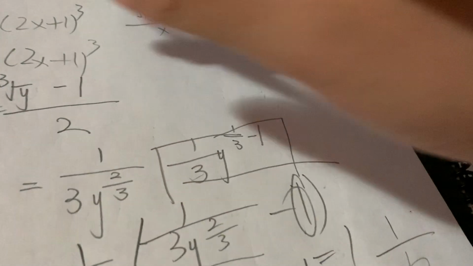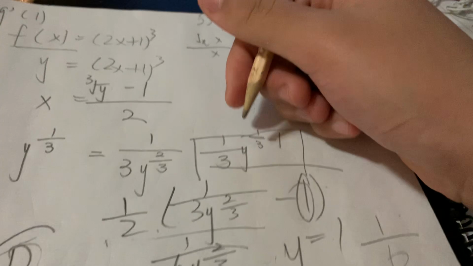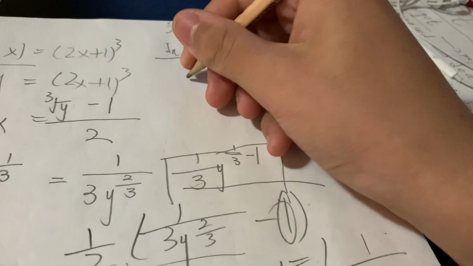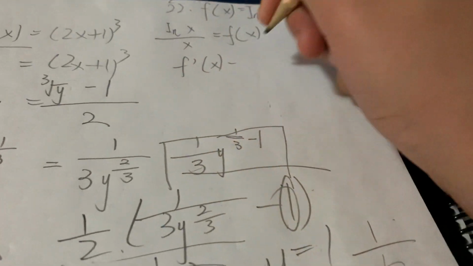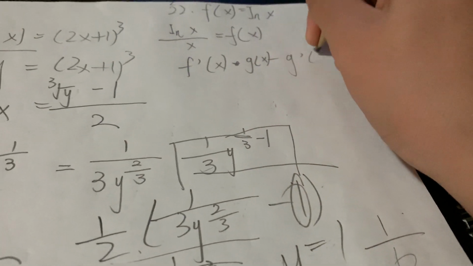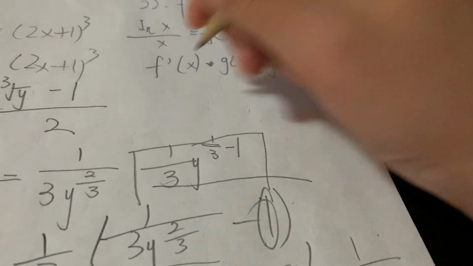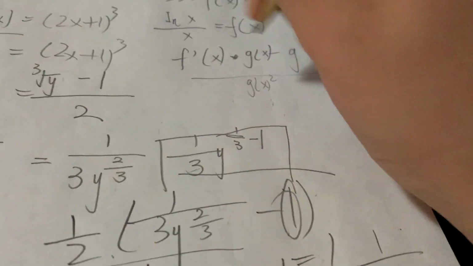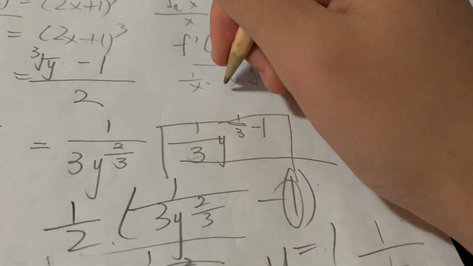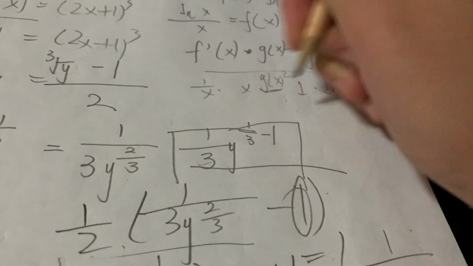Okay, so we need to find the critical point. For finding the critical point, we first need to find the derivative of this. So it has the quotient rule formula: f prime times g minus g prime times f, divided by g squared. So it is 1/x times x minus 1 times ln x, divided by x squared.